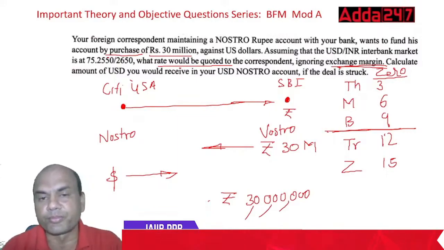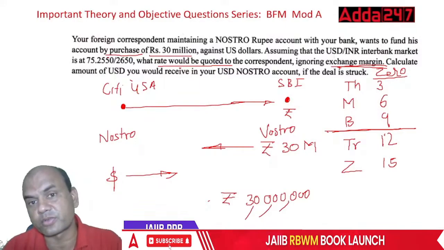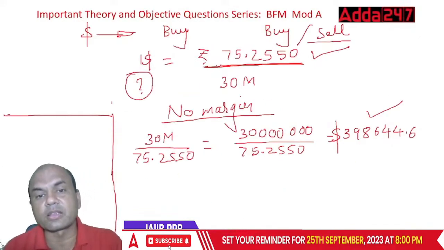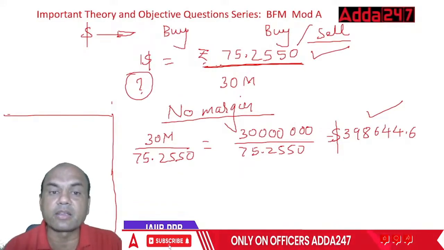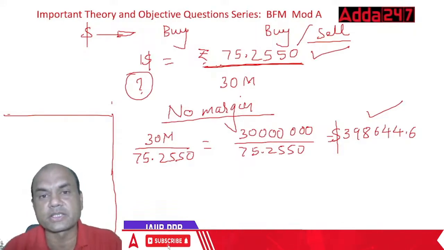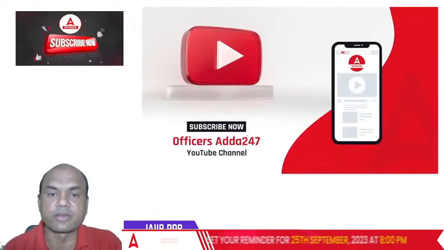They can ask you various questions on this. So is this numerical concept, the logic plus the calculations, clear to everyone? Type yes in the comment section. Okay, I will move to the next one.